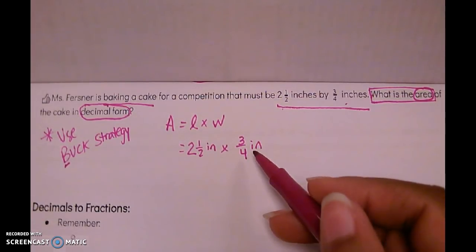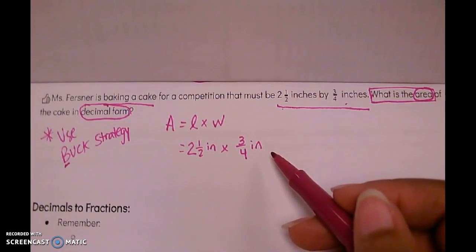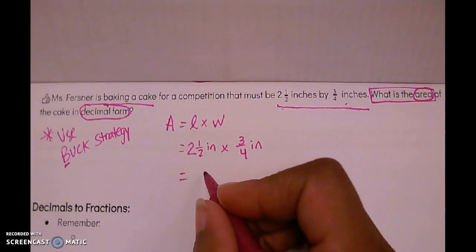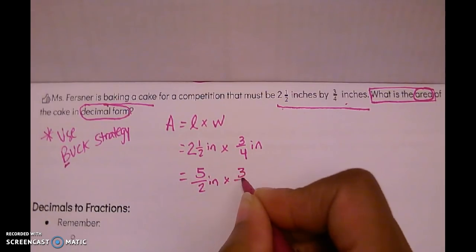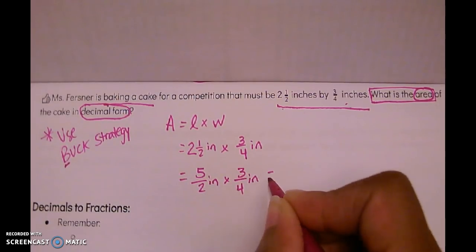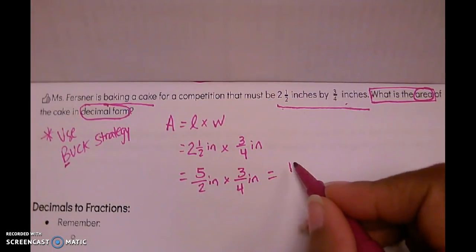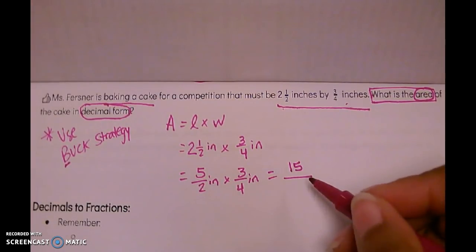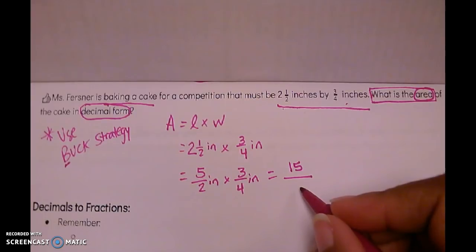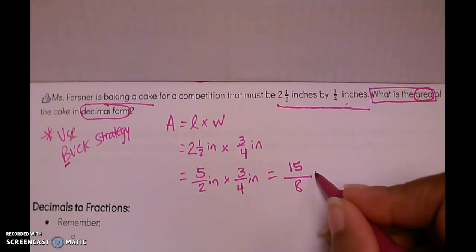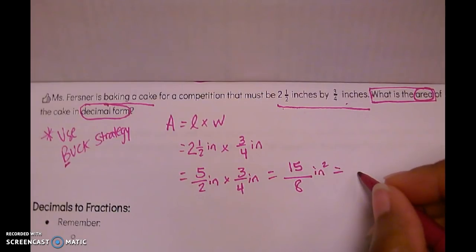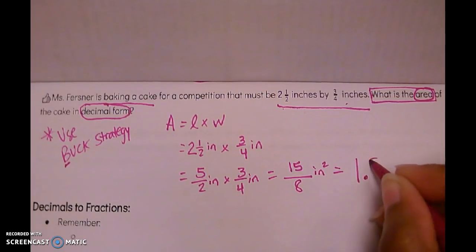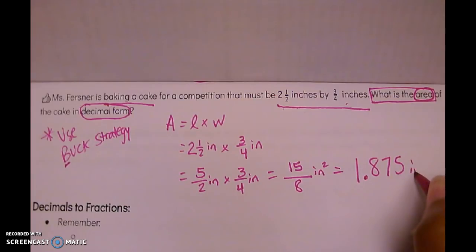And then I'm going to treat this like a multiplying fractions problem. I'm going to convert this into an improper fraction. Keep this the same. And then I'm going to multiply straight across. 5 times 3 is 15. 2 times 4 is 8. And when I divide out, my answer is going to be 1.875 inches squared.